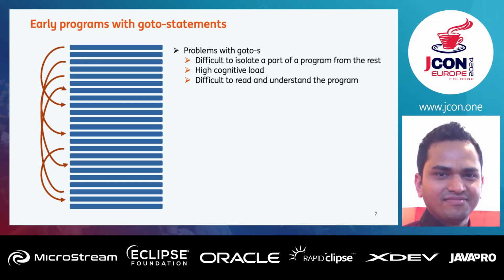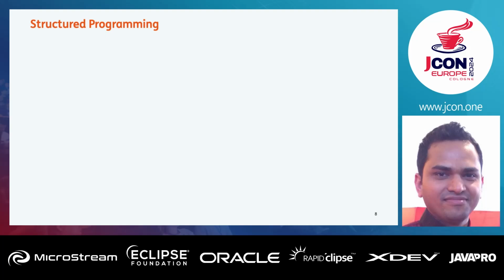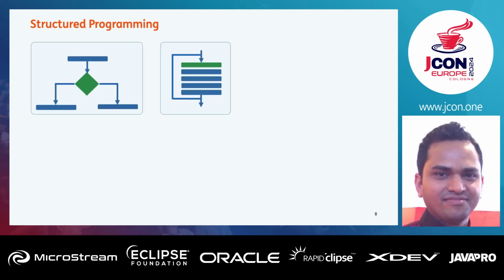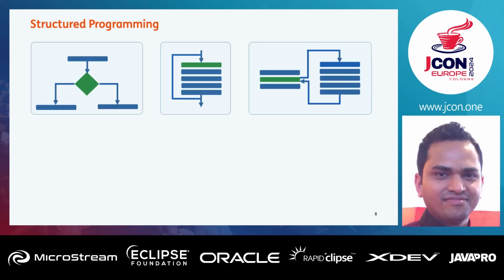So the problem with gotos is that it is difficult to isolate a part of the program from the rest of the program. It adds high cognitive load, and it makes the programs difficult to read and difficult to understand. Now, in order to solve these problems, Edgar Dijkstra proposed structured programming. And structured programming introduced control structures like conditionals or loops and subroutines.